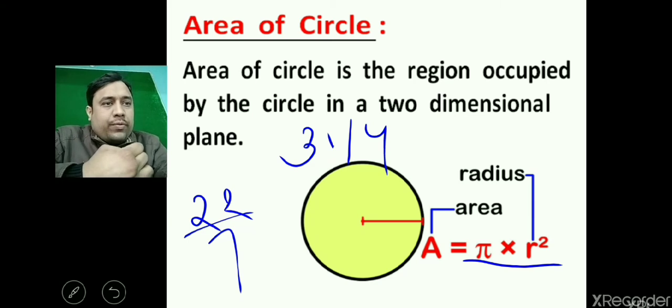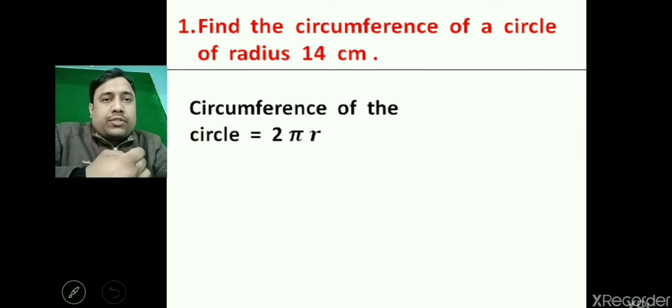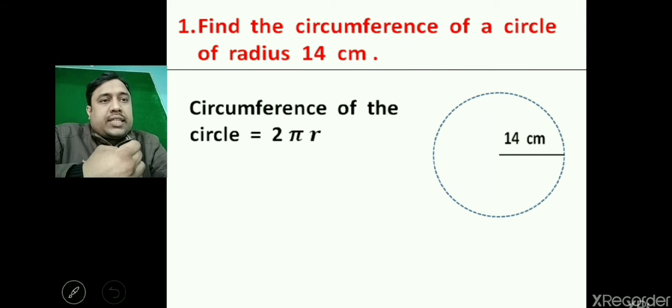Now we have this question: find the circumference of a circle of radius 14 centimeter. The circumference of the circle is 2 pi r, and the radius is 14 centimeter. Radius comes from the center and touches the outer boundary.